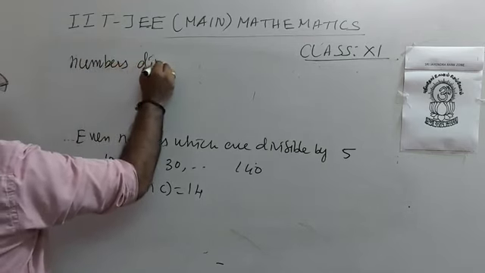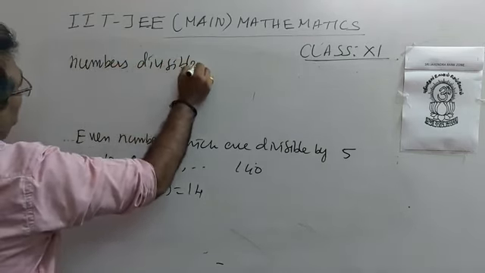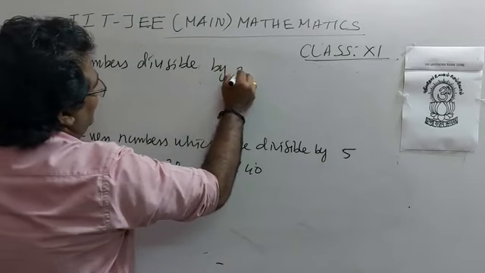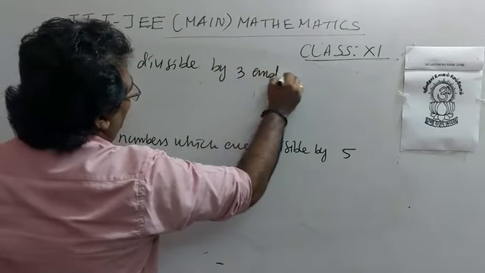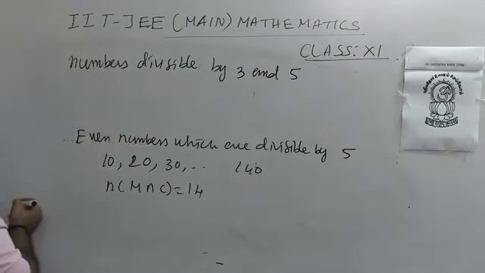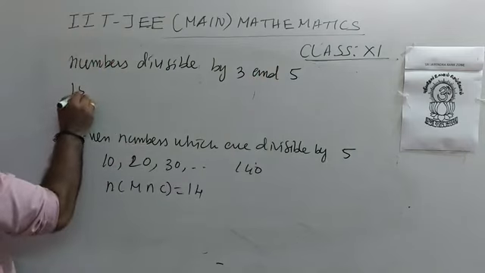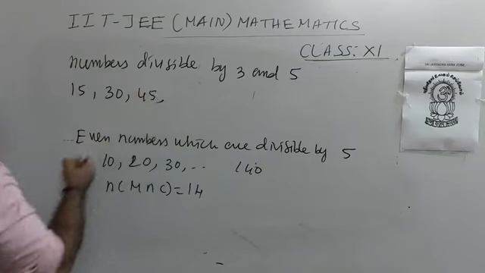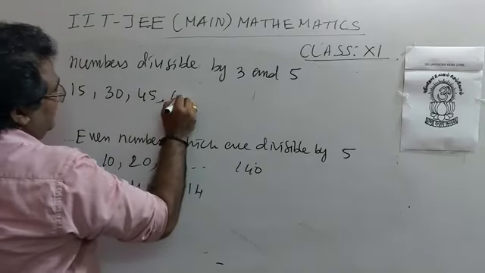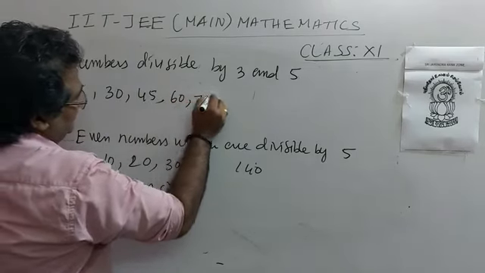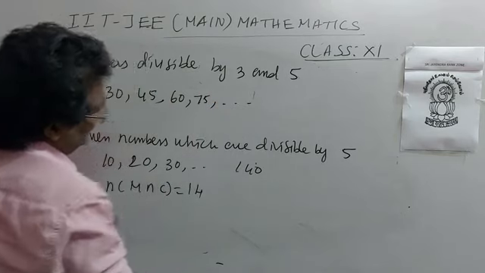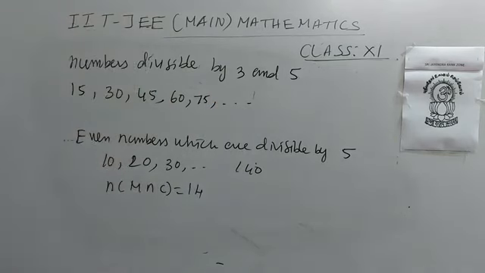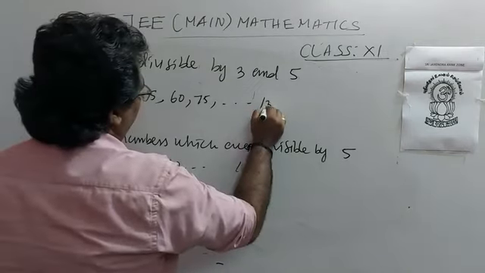Numbers divisible by 3 and 5: 15, 30, 45, 60, 75 like that up to 135.